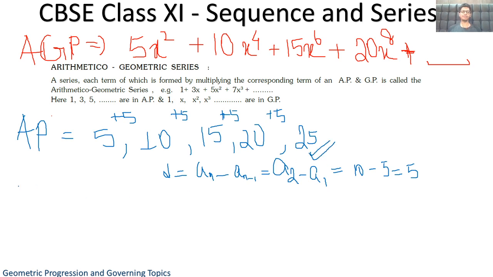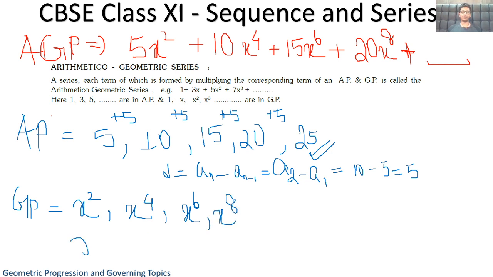Now, when it comes to GP, notice the pattern over here. We have x square, then x to the power 4, then x to the power 6, and then x to the power 8. So you can clearly notice that the common factor R is nothing but an, that is succeeding term by preceding term.